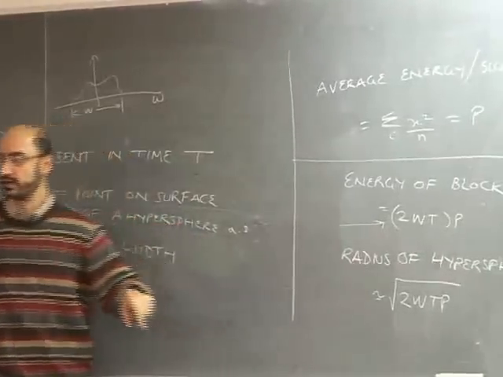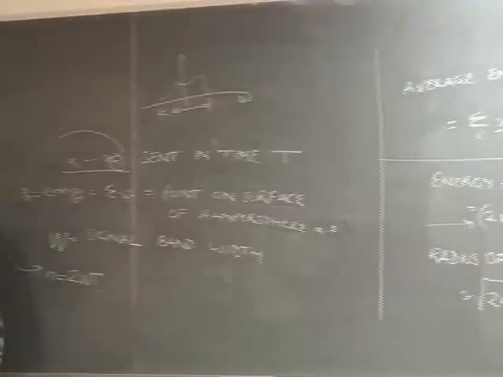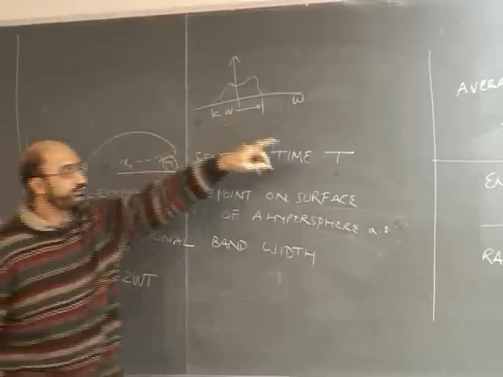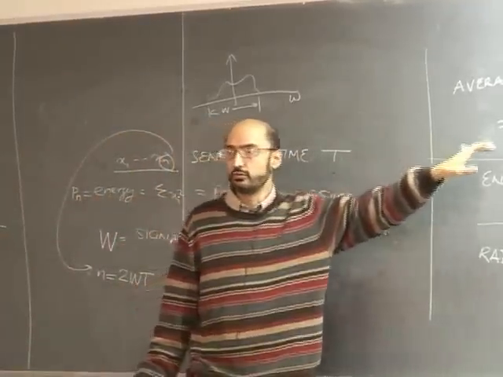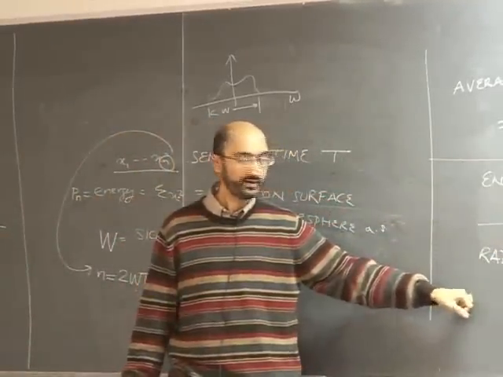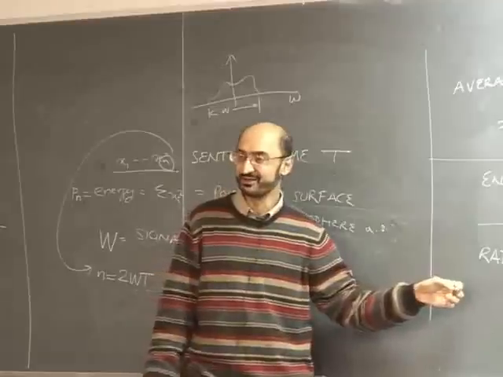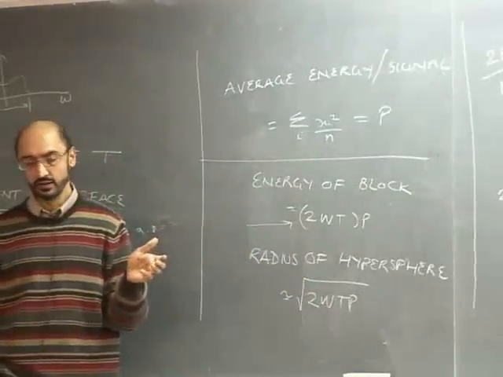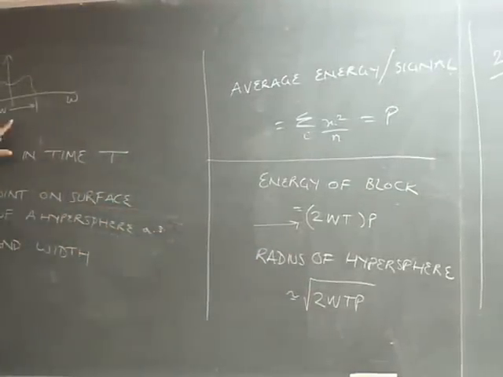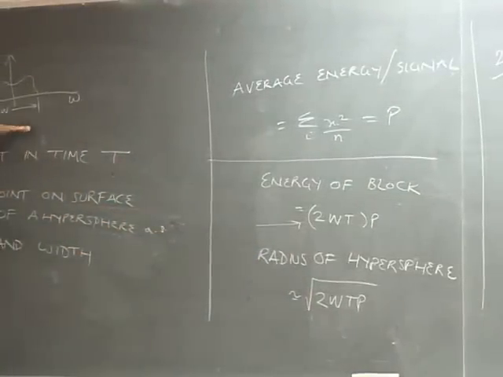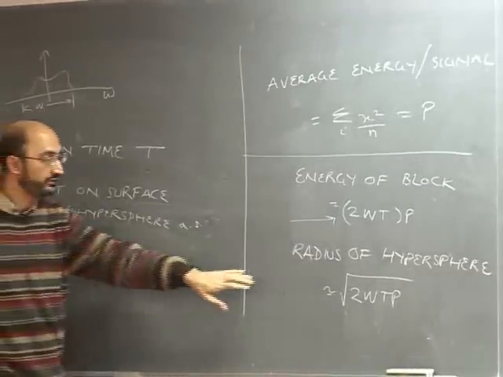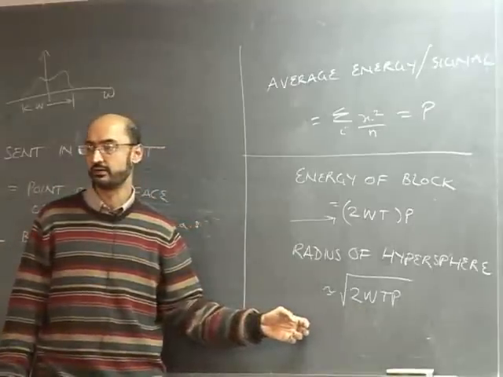So we've taken facts from hypergeometry, some facts from signals and systems, and some definitions, to come up with this rather interesting conclusion: if I have an analog signal of band W, then the set of underlying channel signals needed to represent it is going to be on the surface of a hypersphere of this radius.